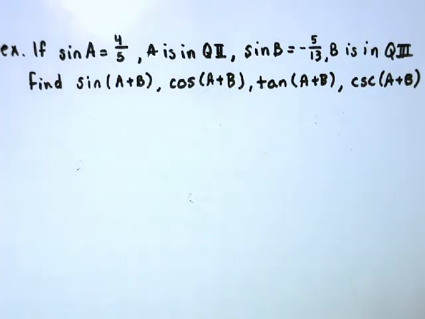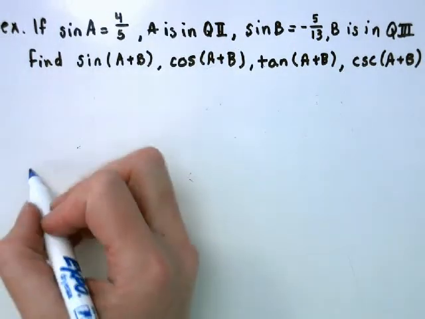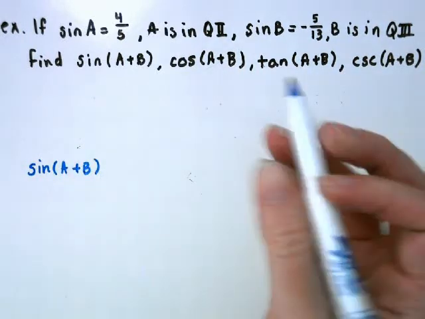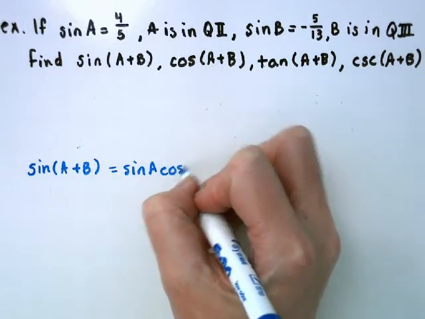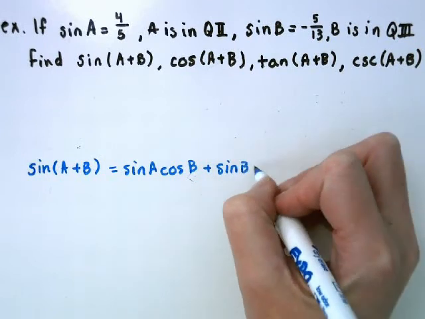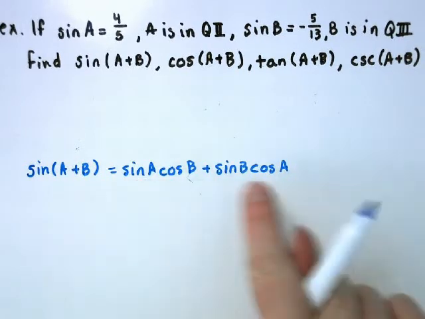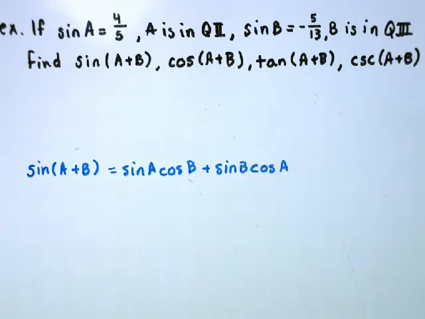I'm going to start by writing out the whole identity. I'm going to leave some room here because I'm going to have to do some work. So sine of A plus B is going to be sine A cosine B plus sine of B cosine A. Now if I look at this identity, I have sine of A, I have sine of B, I do not have cosine of B or cosine of A, but I can use triangles to find these.